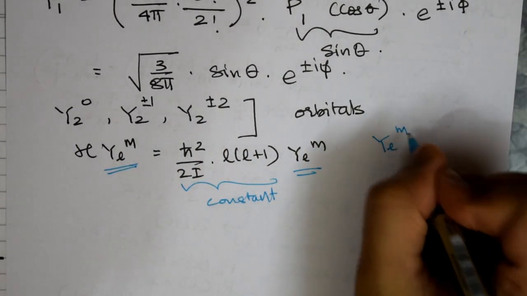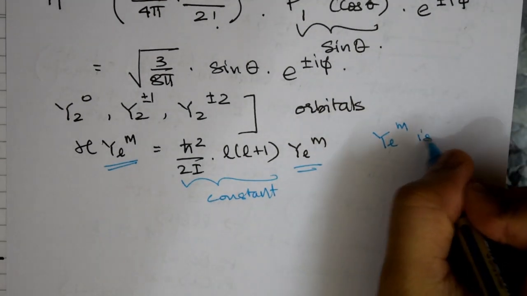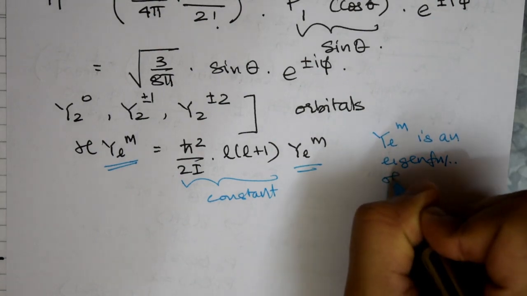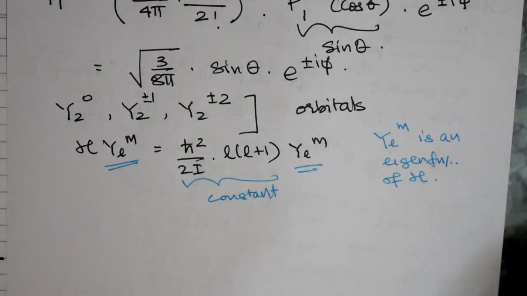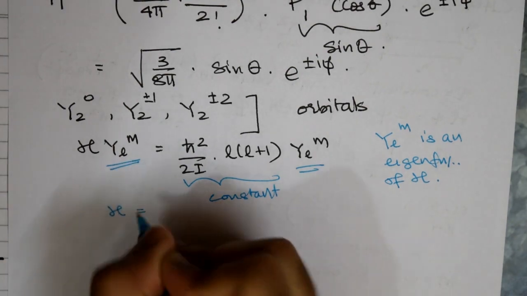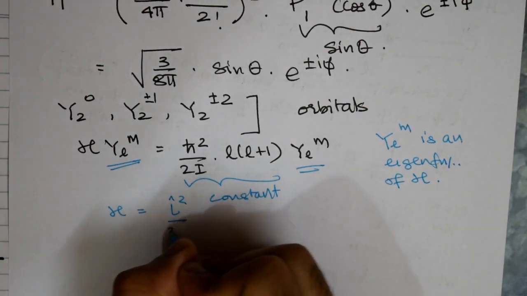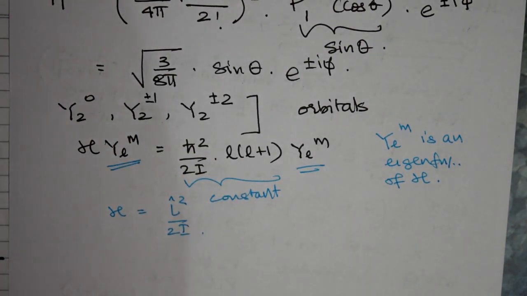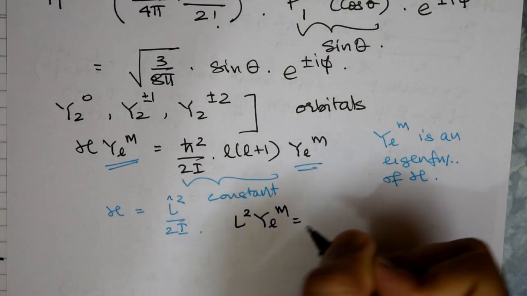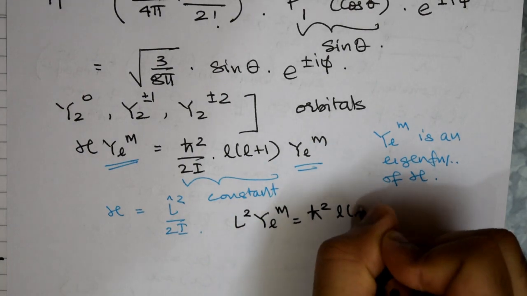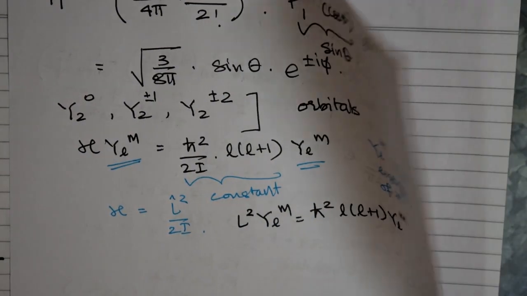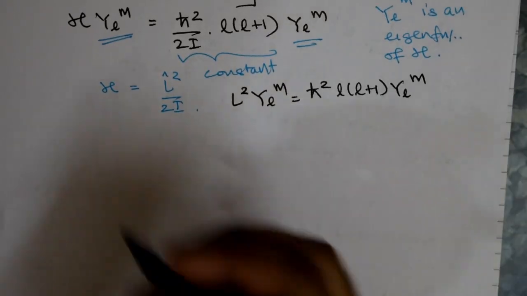Therefore, YLM is an eigenfunction of the Hamiltonian operator. And as you might remember, we said that the Hamiltonian is given by L square by 2I. So therefore, what does this make it? When you operate L square on YLM, you are going to get h cross square L into L plus 1 YLM.